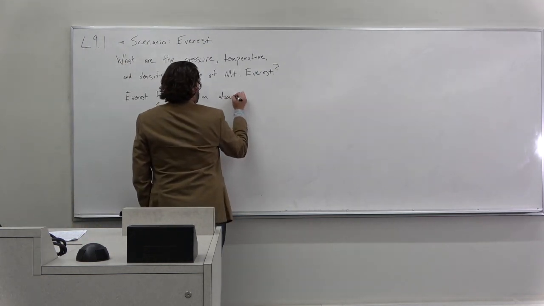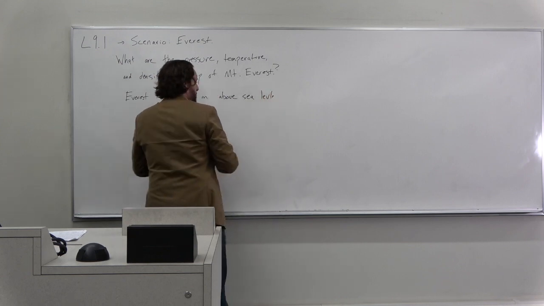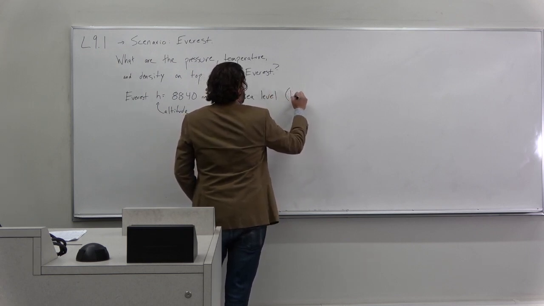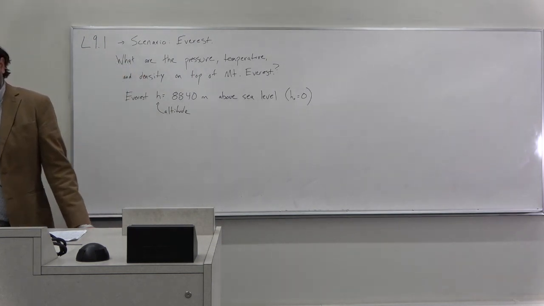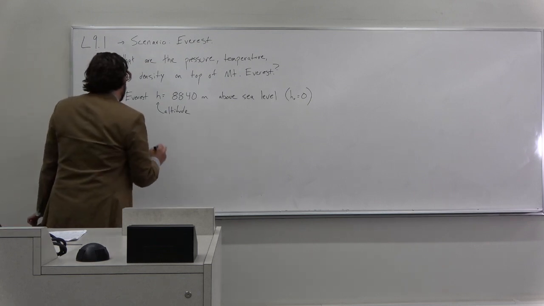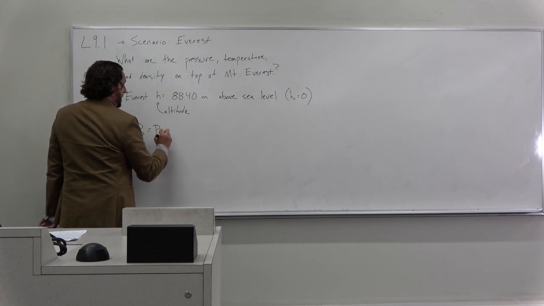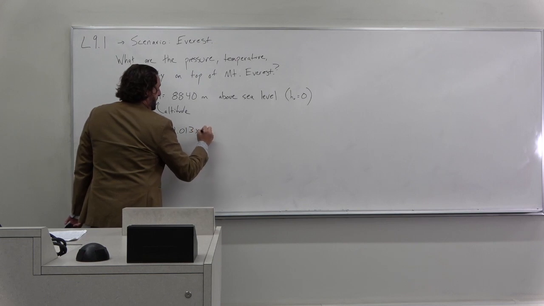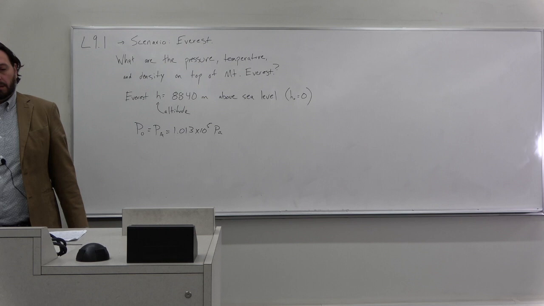That's right, above sea level, which we're going to call h0 equals 0. Remember that at sea level, P0, as we called it, the pressure of the atmosphere at sea level, was 1.013 times 10 to the 5 pascals.